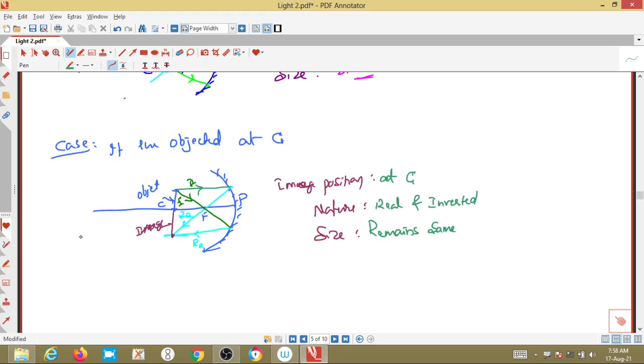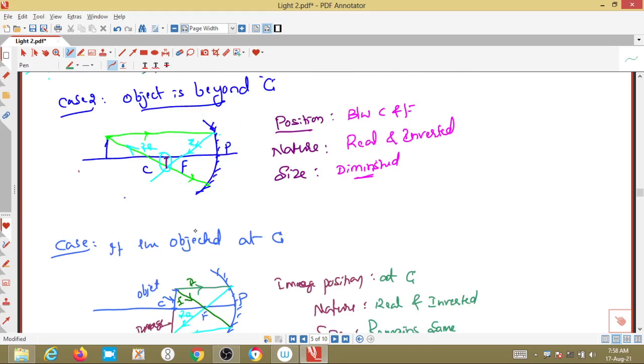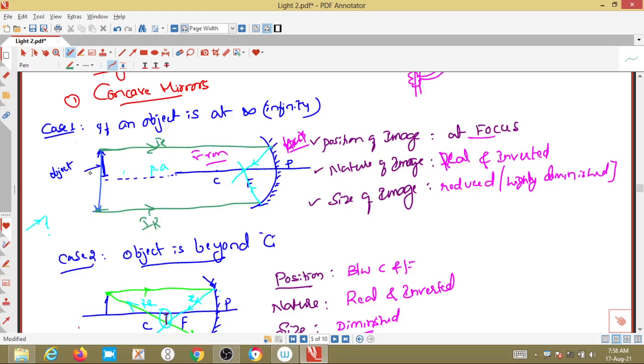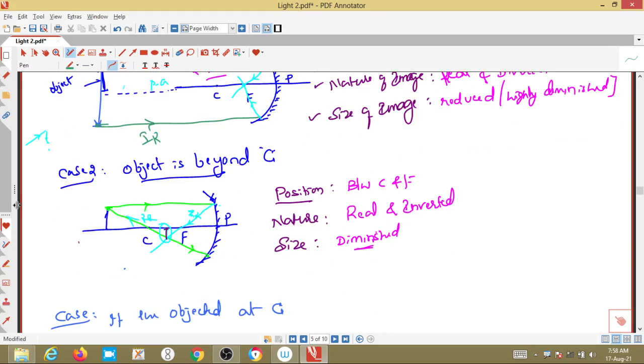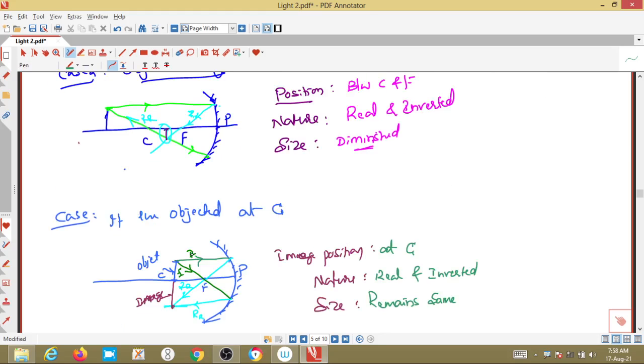Just try to understand here: when the object is at infinity, the image size is highly diminished or point sized. When it is moving towards the mirror, the image size is getting increased, but it is still diminished compared to the size of the object when it is beyond C. When it is at point C, it remains the same as the size of the object.